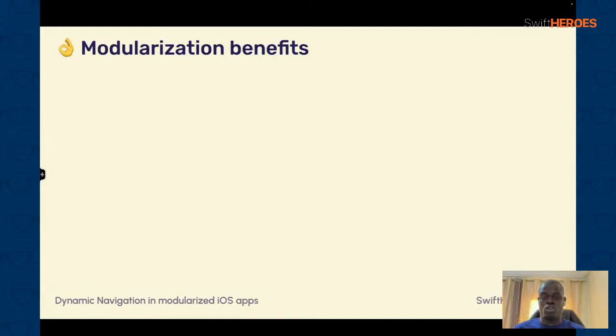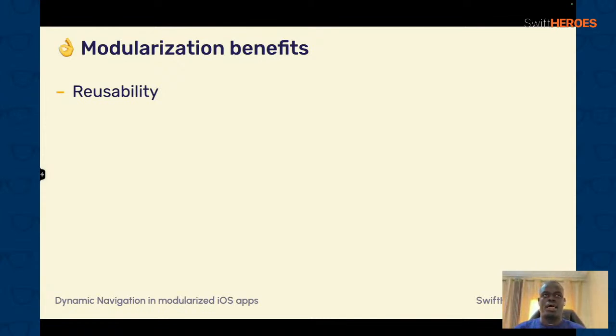Because modularization comes with many benefits, right? The first one is reusability. When you modularize your app, your packages become reusable, so you can use them from one place to another.